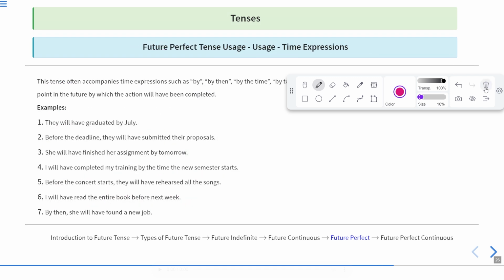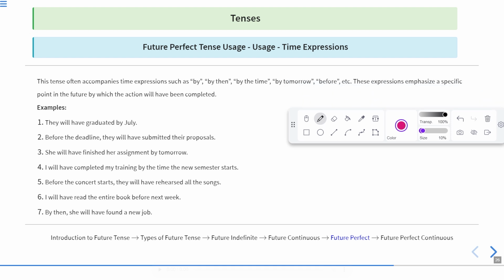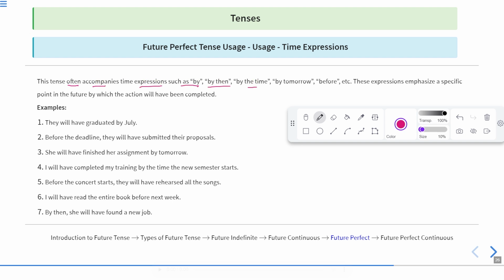Here again, we'll see another usage of future perfect tense, that is, with time expressions. This tense often accompanies time expressions such as by then, by the time, by tomorrow, before, etc. These expressions emphasize a specific point in the future by which the action will have been completed.